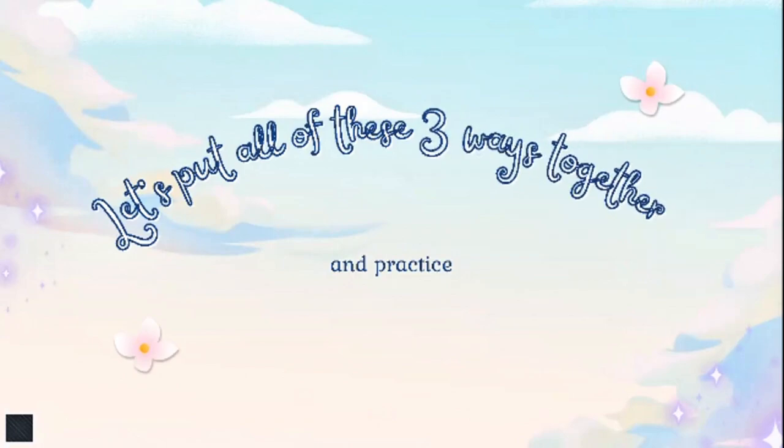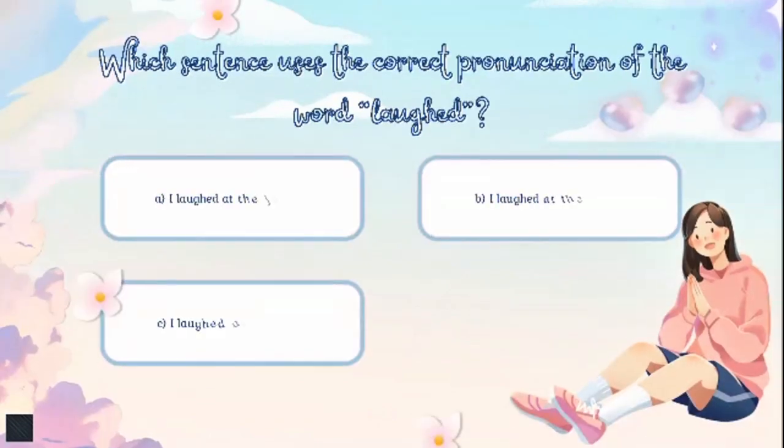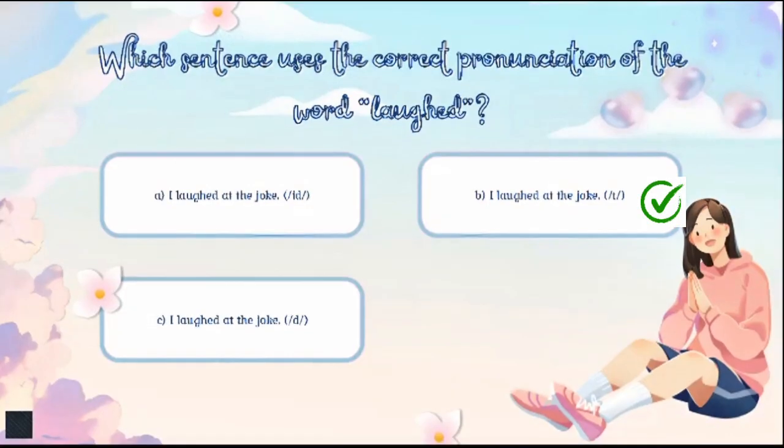Let's put all of these three ways together and practice. Which sentence uses the correct pronunciation of the word laugh in the past tense? A, B, or C. Correct answer: B. Rule: the verb laugh ends in a voiceless sound, so the ed sounds like t.